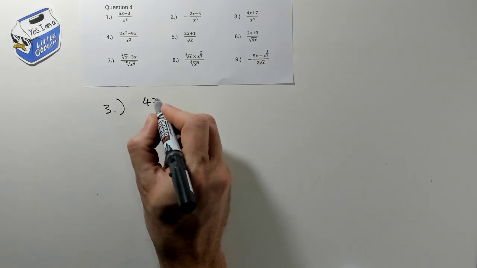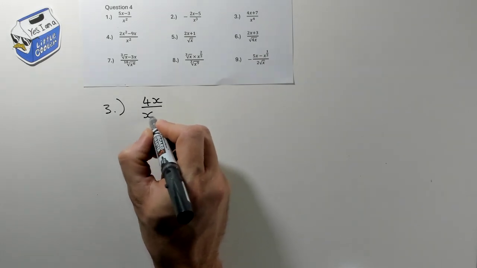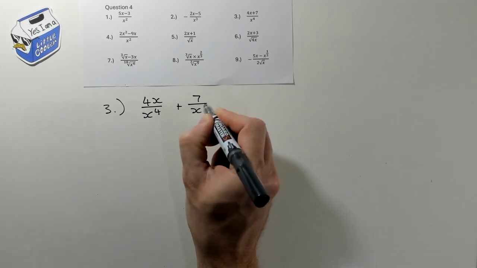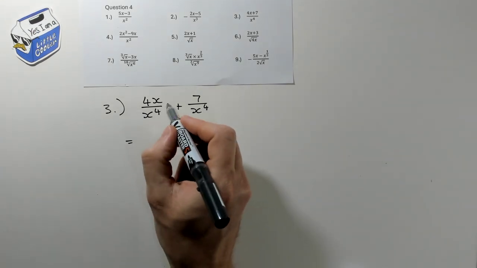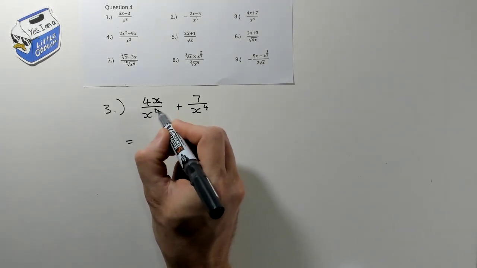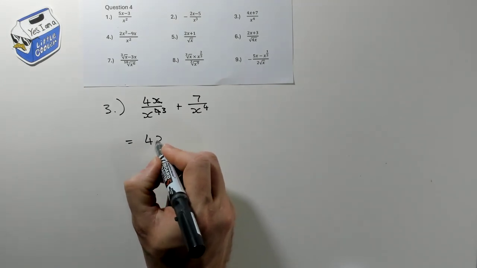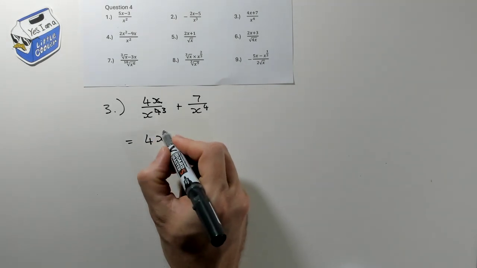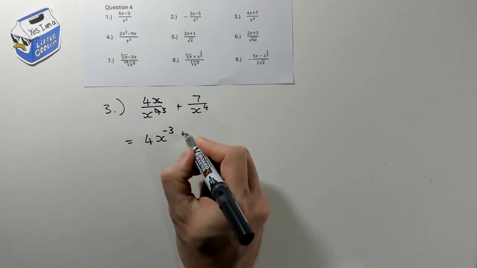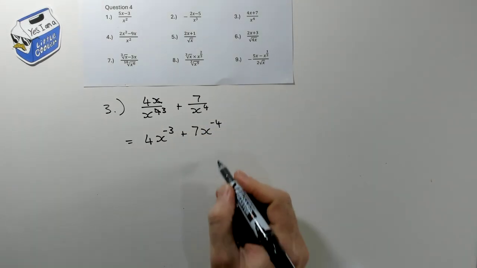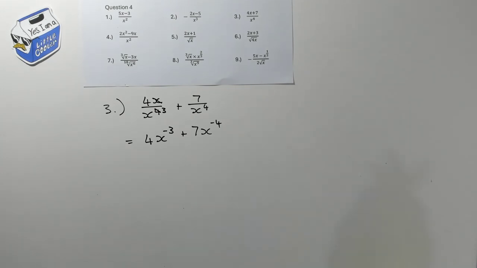So 4x over x to the power of 4 plus 7 over x to the power of 4. And here I know that one is going to cancel, and there's going to be 3 left there. And I have 4x, this is a 3 underneath the line, so it becomes negative 3 at the top, plus 7x, 4 underneath becomes a negative 4. It's quite quicker this way.